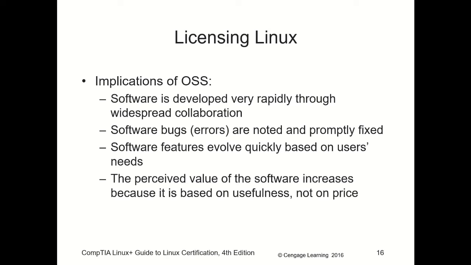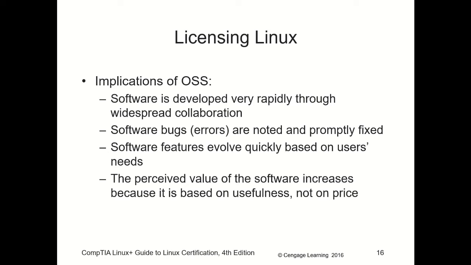It doesn't necessarily cost $0 always. But once you get the license, you are open to modify it, enhance it, and review it. Another implication of open source software is that it's developed rapidly through wide collaboration. The software bugs are noted and promptly fixed.